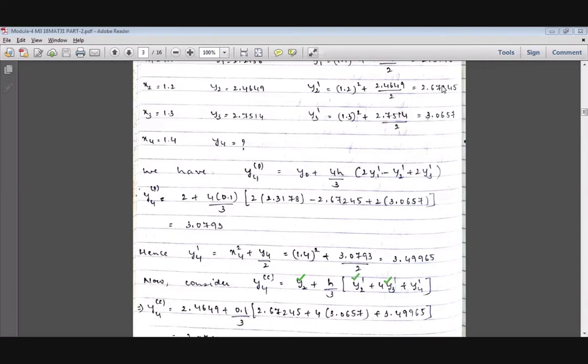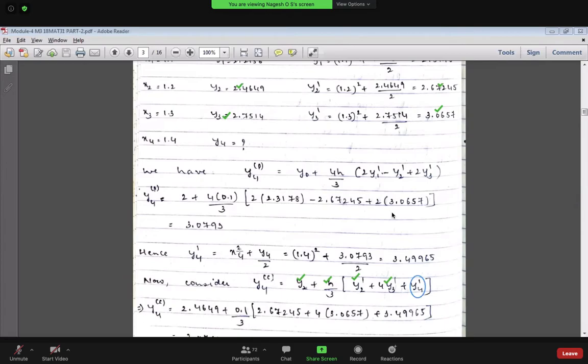We know h also, but we don't have this value. To find out this, use the given function. What is the given function? Y dash equals x square plus y by 2.